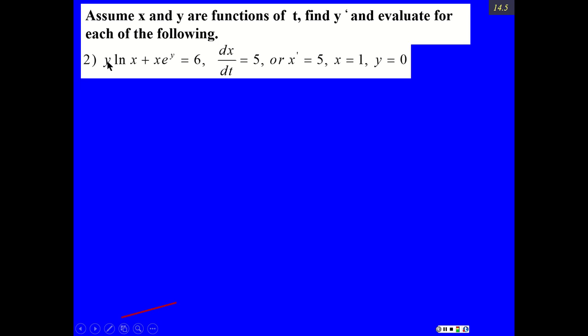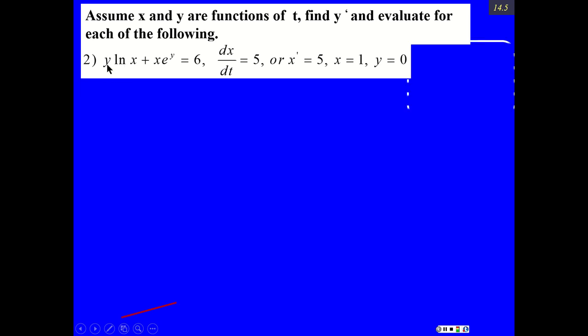Now, the first thing, look at here, is y times natural log of x. That is the product rule. Right here, x times e to the exponent y. That is the product rule. Then, on the side of my PowerPoint, I'm going to show you the derivative of each individual.